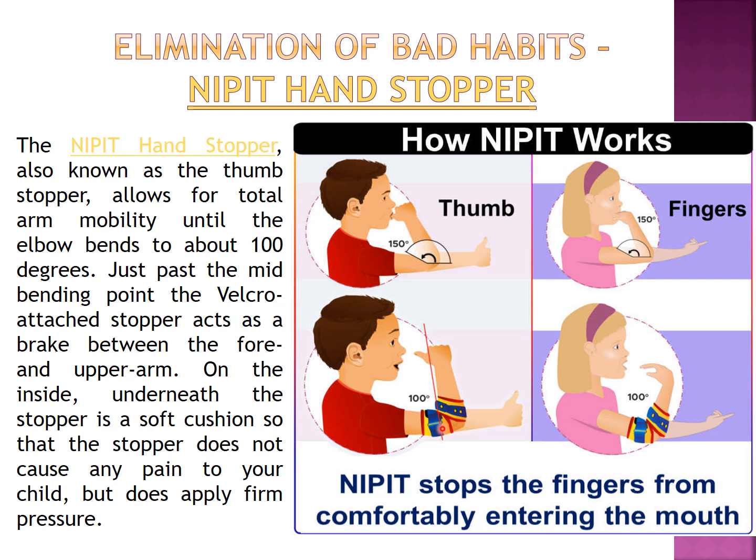Just past the mid-bending point, the Velcro attached stopper acts as a brake between the fore and upper arm. On the inside, underneath the stopper is a soft cushion so that the stopper does not cause any pain to the child but does apply firm pressure.